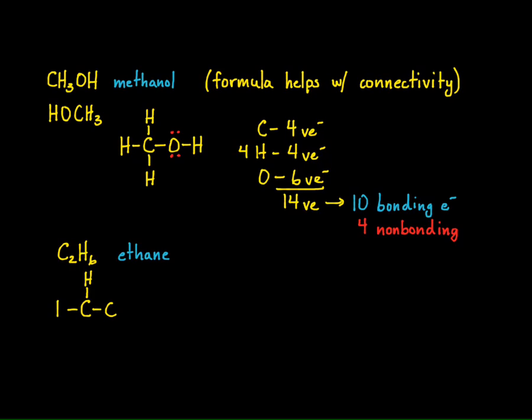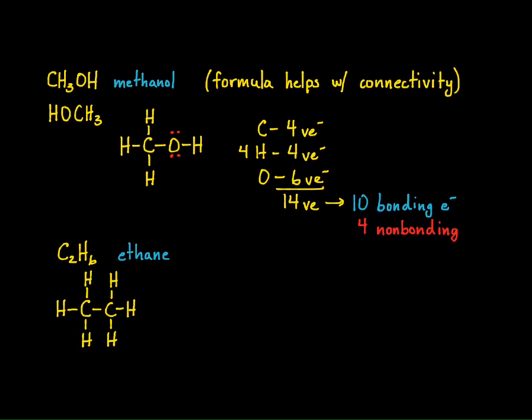And so the 2 carbons are connected, and then we place the remaining 6 hydrogens around them. Typically, you distribute the hydrogens evenly if you're not quite sure how things go, right? So each carbon gets 3 hydrogens, and you notice right away that both carbons have 8 electrons around them, and all of the hydrogens have 2 electrons around them.